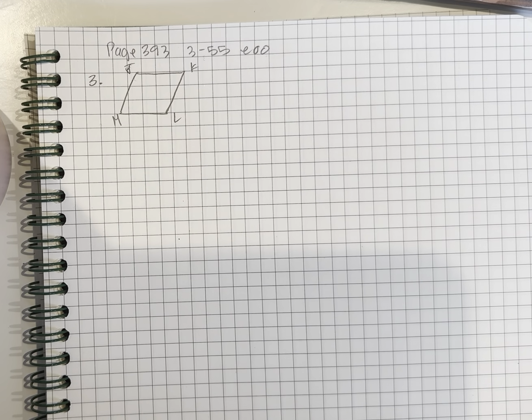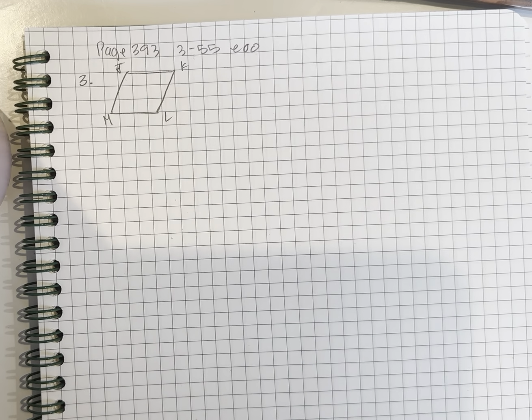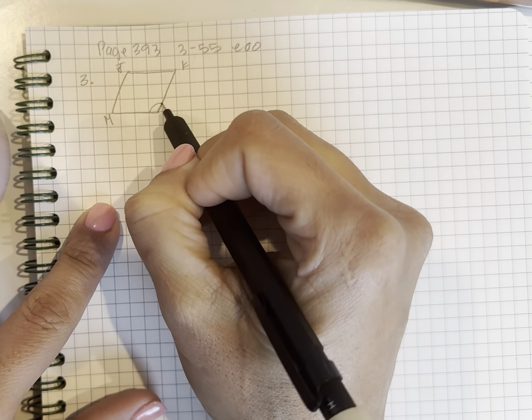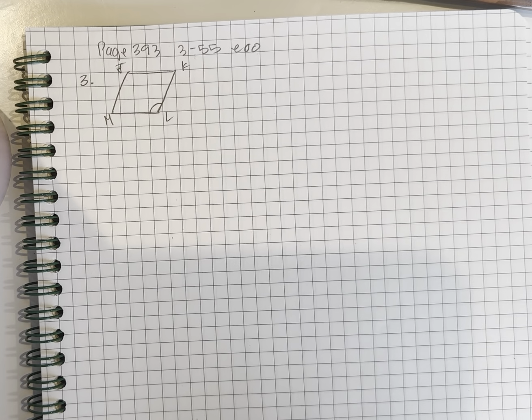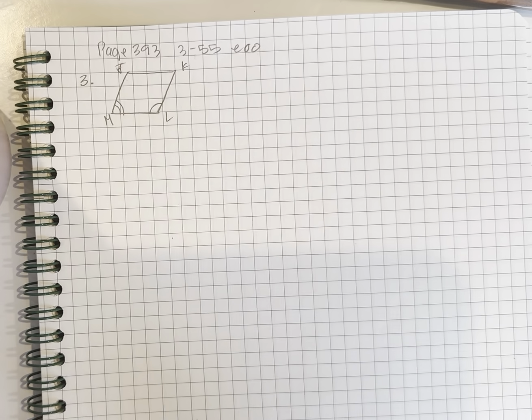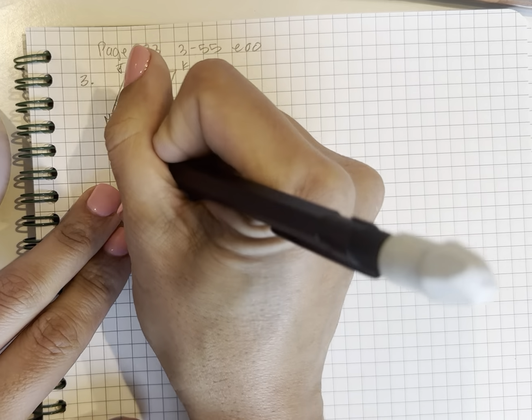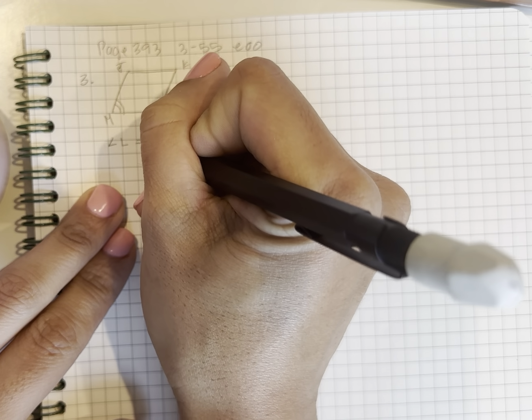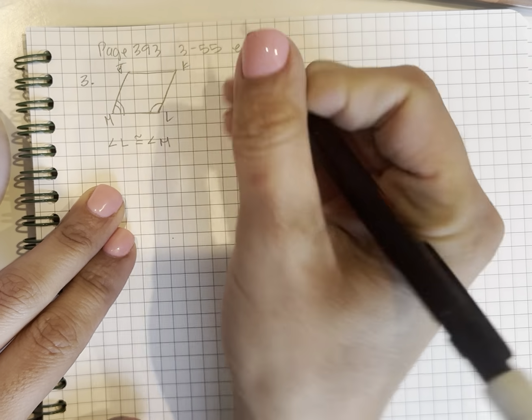No, just always or sometimes. All right, so the first one is that angle L is congruent to angle M, these two. What is the deal there? Is angle L congruent to angle M?